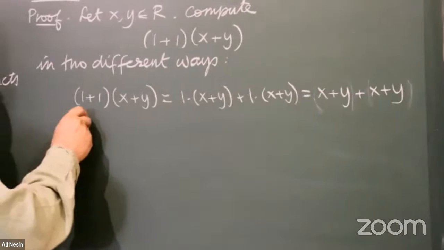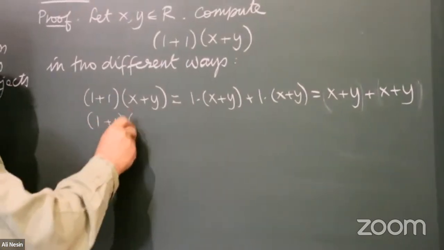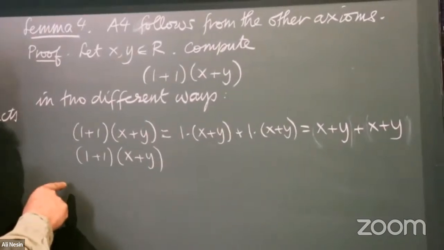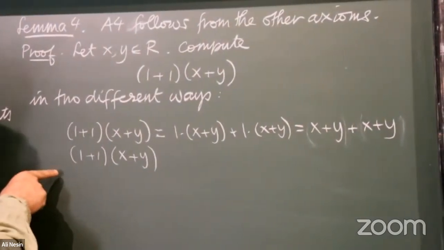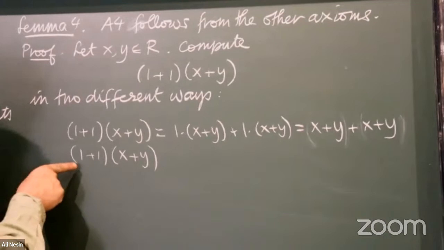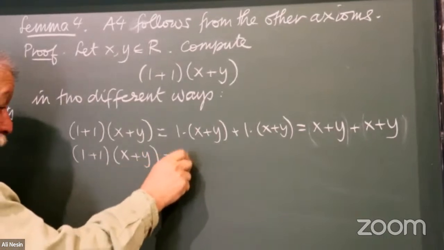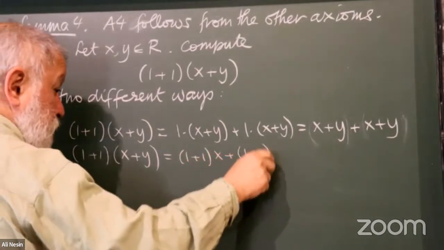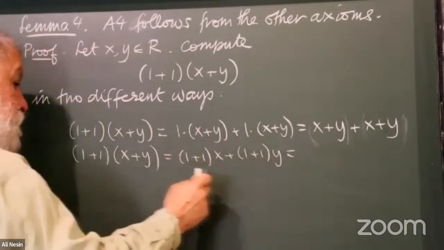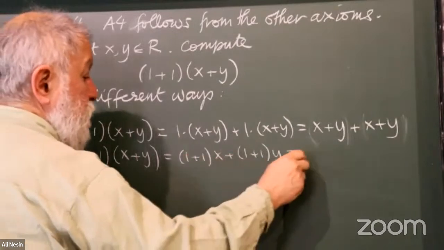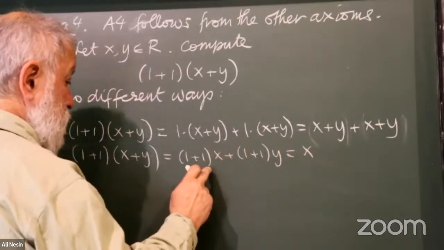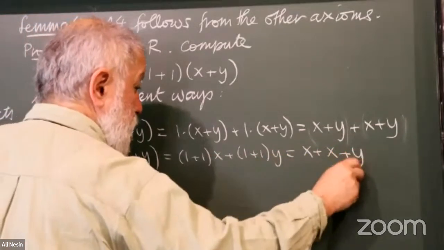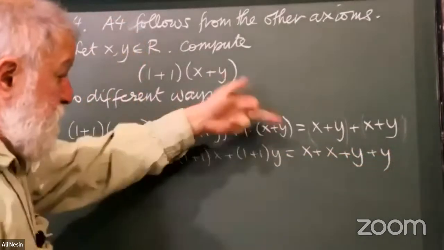And another way of multiplying: now use distributivity from the left. It is equal to (1 plus 1) times x plus (1 plus 1) times y. Now distribute this. 1 times x is x, of course. 1 times x is again x. Now y, and again y. So this is equal to this.